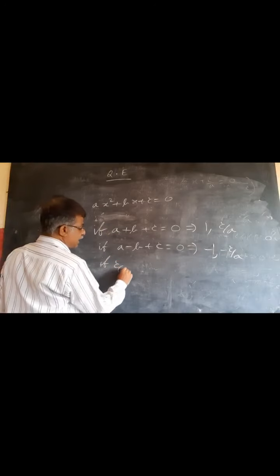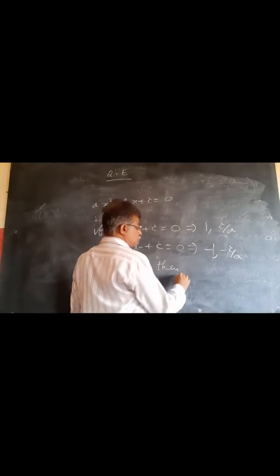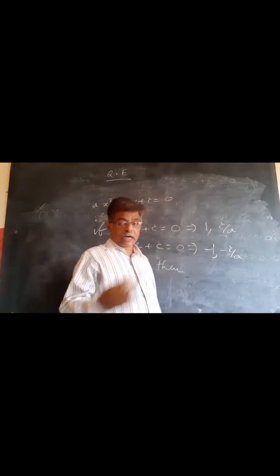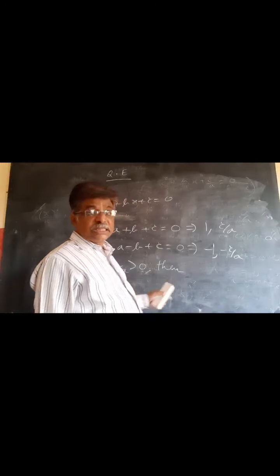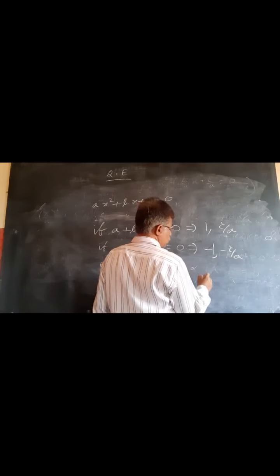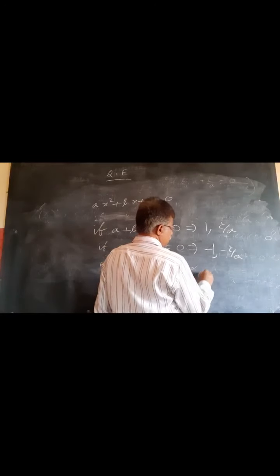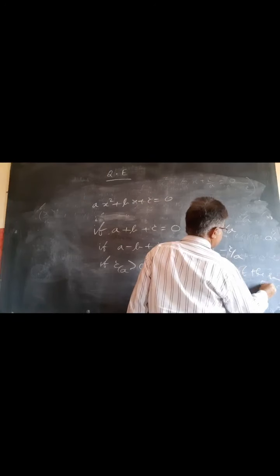If c by a is greater than 0, then both the roots are of the same side, either both are positive or both are negative, because alpha into beta is c by a. If c by a is greater than 0, then alpha beta are of the same side. Both are having the same sign.